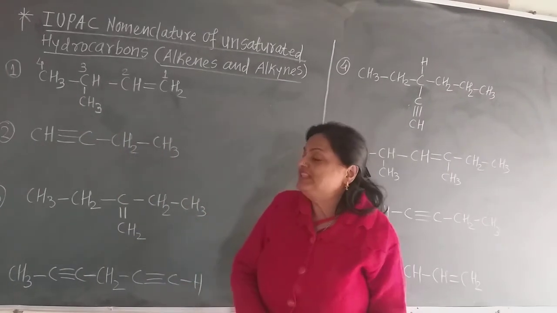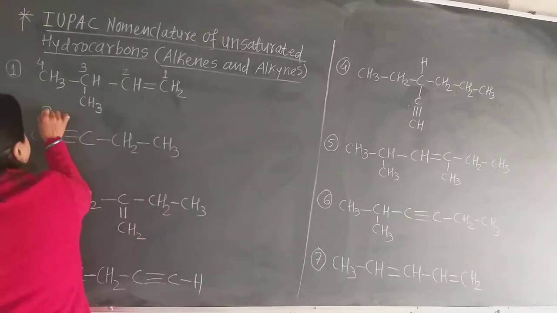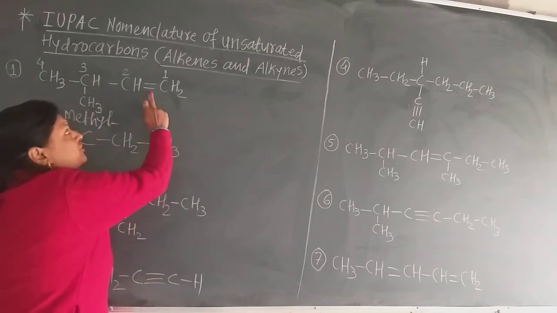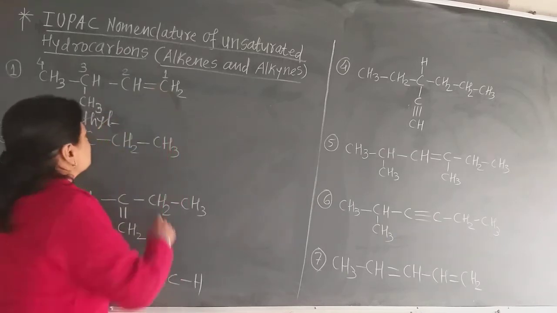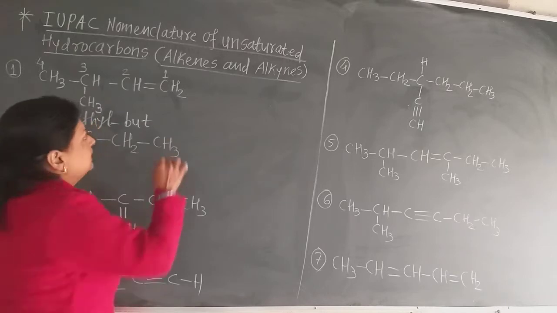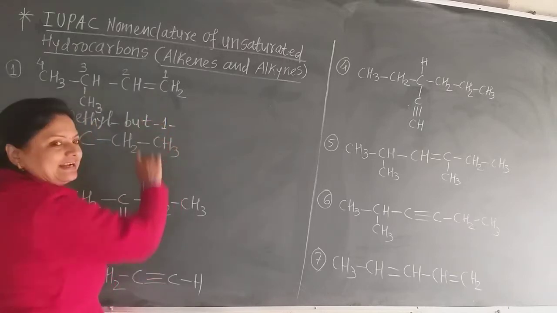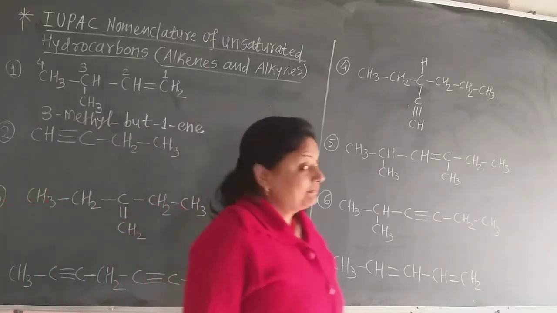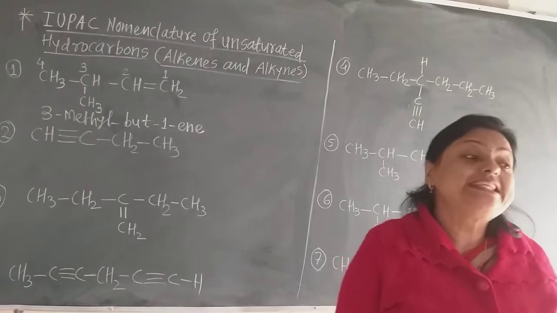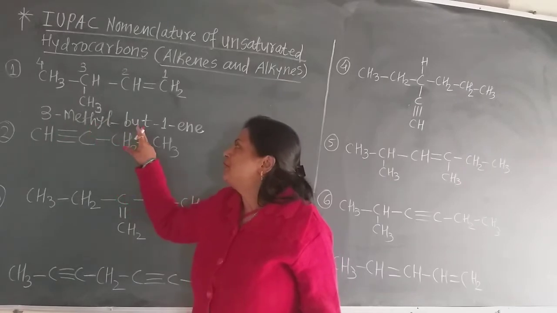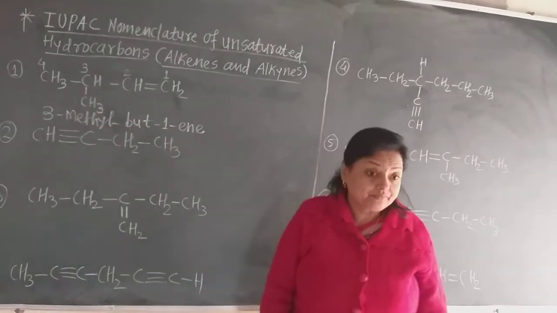So the name of this alkene is 3-methyl, and it is butene, but on the 1st carbon atom there is the double bond. So write it in this way: 3-methyl, but, then 1, that is the number of the carbon containing the double bond, and then write the suffix ene. Remember that. In this way, the IUPAC name is given to this compound. This is 3-methylbut-1-ene.